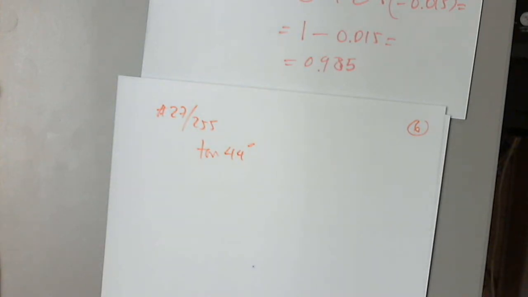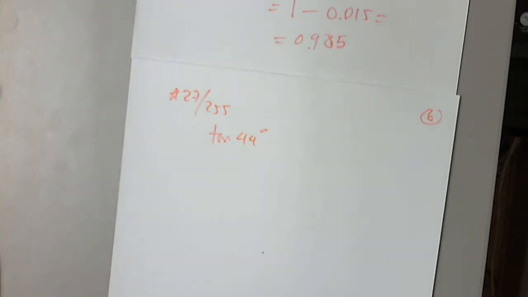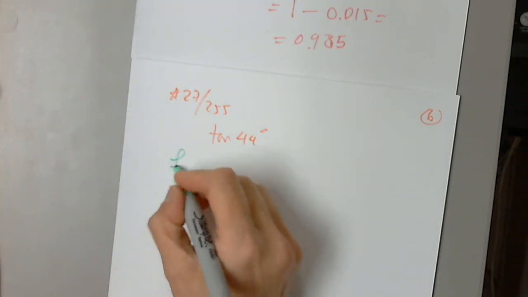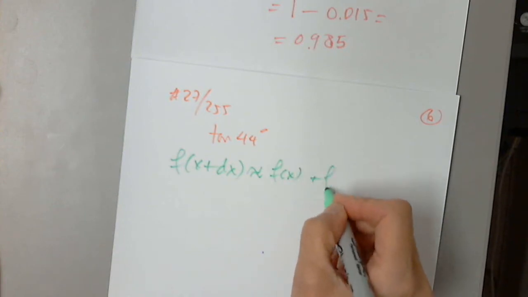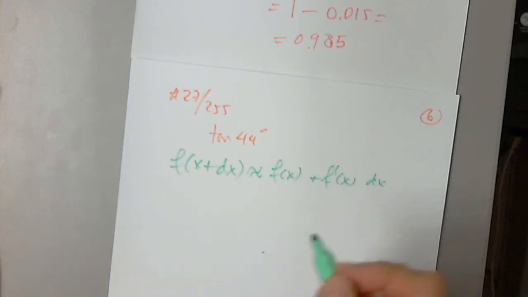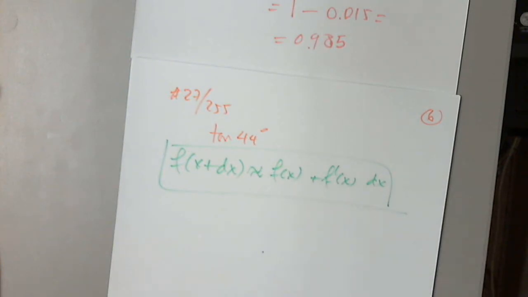Can anyone summarize for us what we are looking for? What I recommend, write this relationship as many times as you need till it gets embedded: f of x plus dx approximately f of x plus f prime of x dx, till this gets embedded somewhere in your memory.